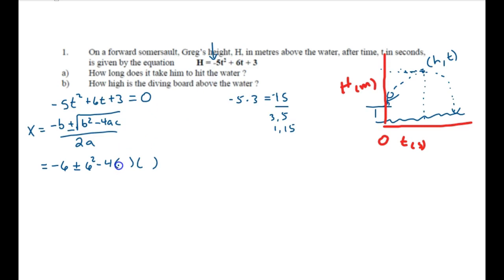The a value is negative 5. C value is 3. You're going to take the square root of this, all over 2 times a, which is negative 5.